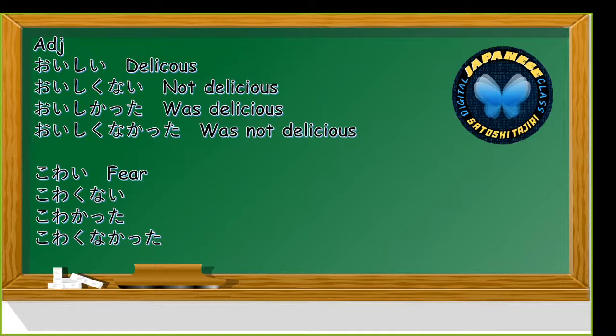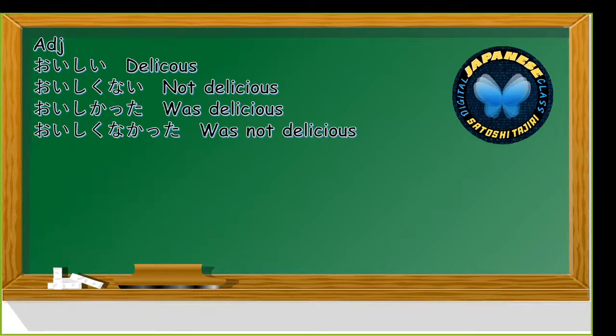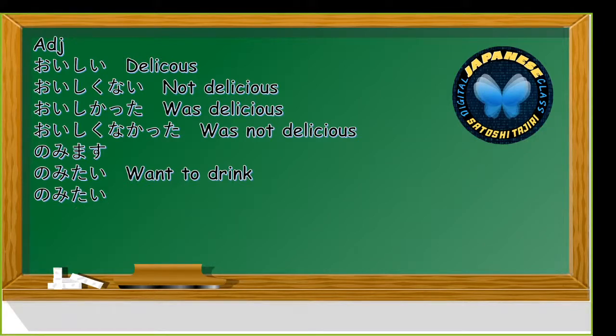So for example, let's have nomimasu for a verb. If you want to say want to drink, it becomes nomitai. So in this one, it's not a verb anymore, but an adjective. You want to say want to drink. If you want to negate it, because it is now treated as an adjective, nomitai, dropping i, kunai. It means don't want to drink.